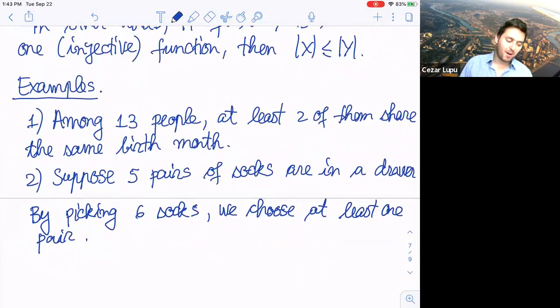So you label the boxes by the pairs. You have like red pair, blue pair, whatever. And you put the 6 socks into the boxes according to the description, and that's it. Anyway, you can go on with plenty of other examples.